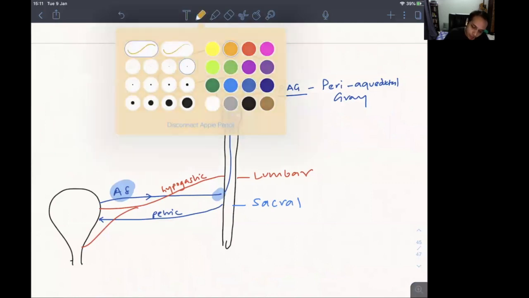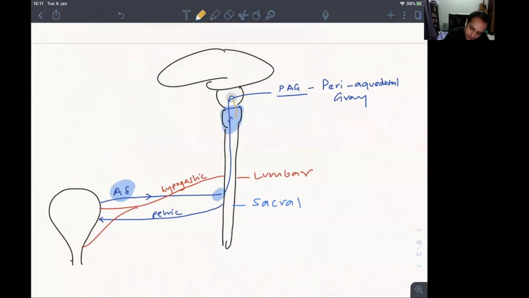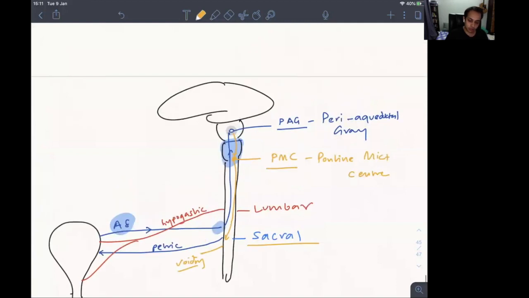And from the periaqueductal gray, the sensation comes back to the pons, to the PMC, which is the pontine micturition center. And from the PMC, it comes back to the sacrum and voiding.